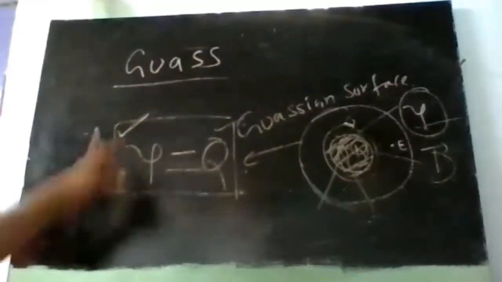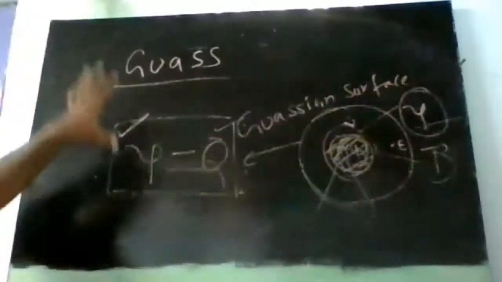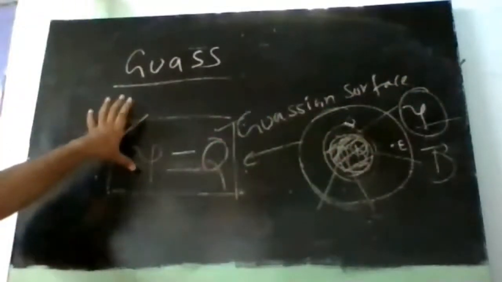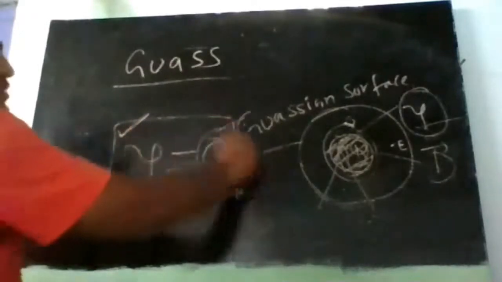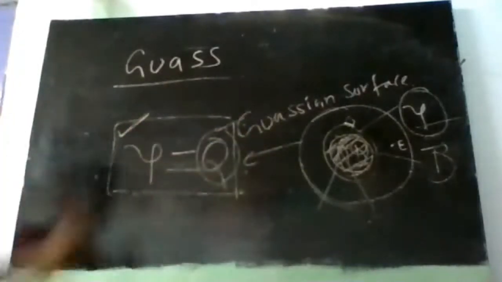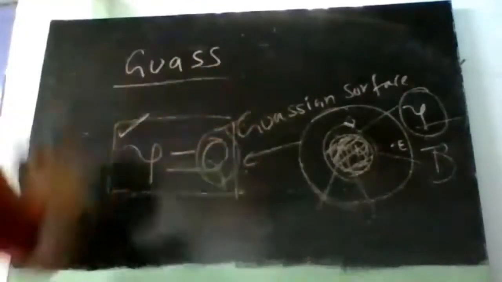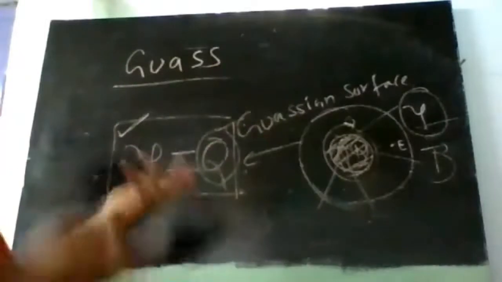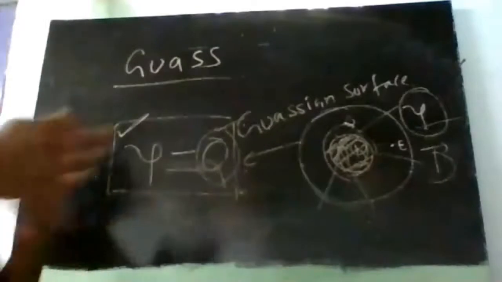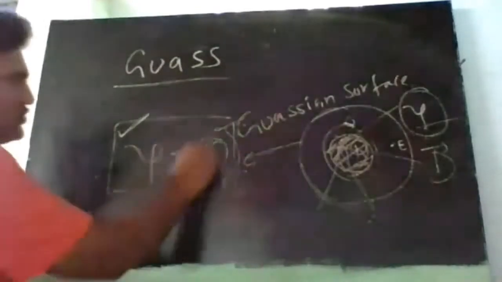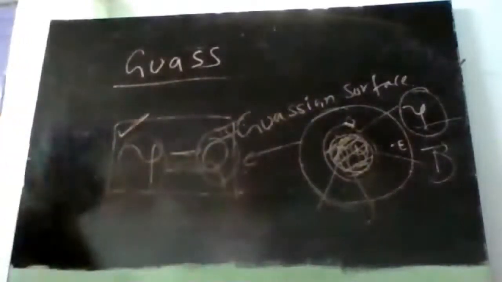So the number of flux lines, or the flux produced, will be almost equal to the charge. If you can calculate psi, that will be equal to the charge. Mathematically it is equal. You might ask, q is measured in coulombs and this is the number of lines, so how can the two be equal, sir? How can we say those two are equal? Mathematically it is almost equal, and in place of q, we can use psi to do all the calculations.